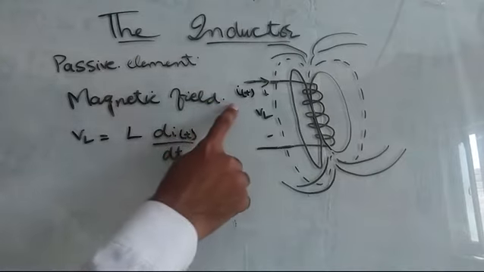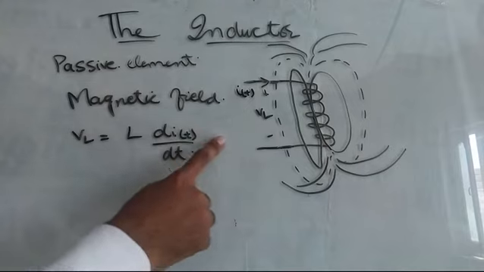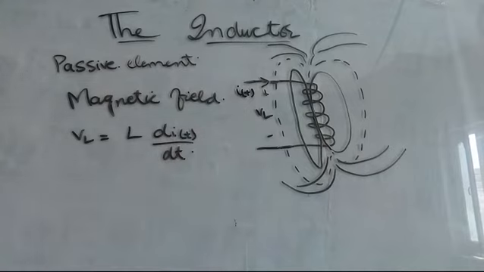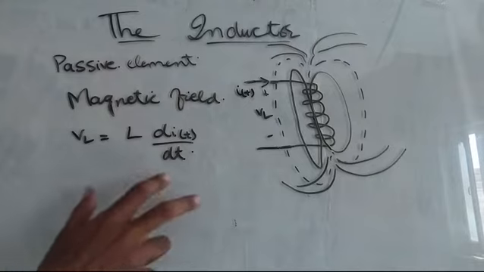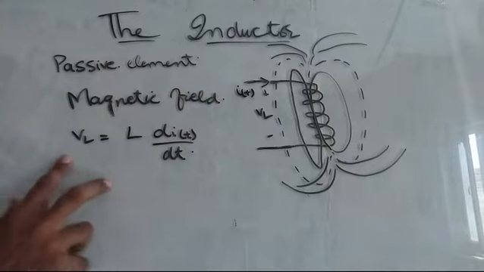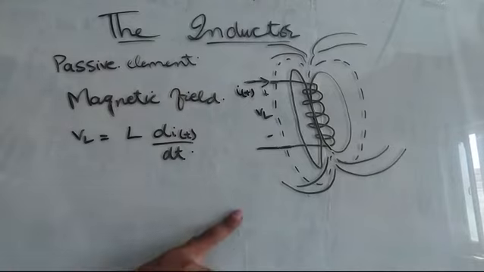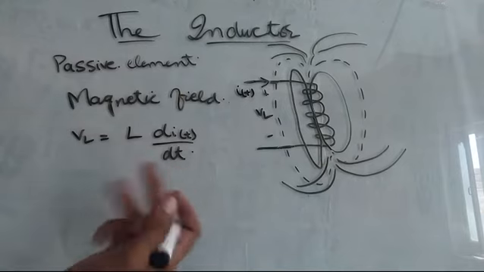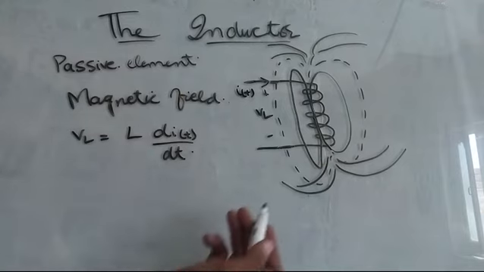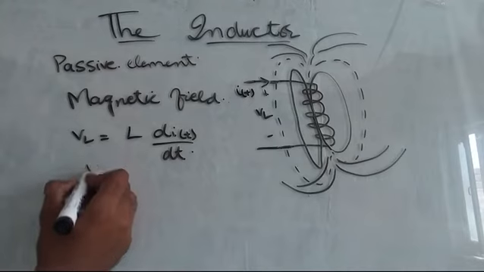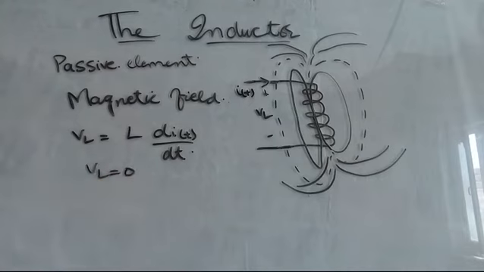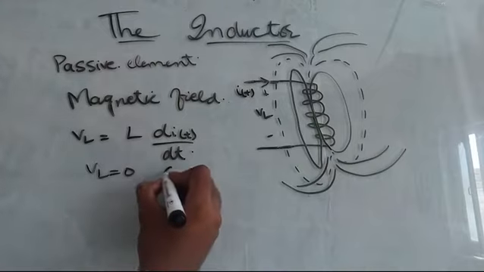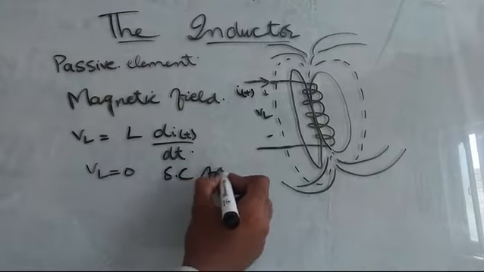If the current maintains a constant value, then the derivative of the constant will be 0, so there will be no voltage across the inductor. So from here we can say that if we apply a DC voltage over here, then the current will not change, a constant current will flow, and then the voltage VL will be equal to 0. So the inductor acts as a short circuit for DC.